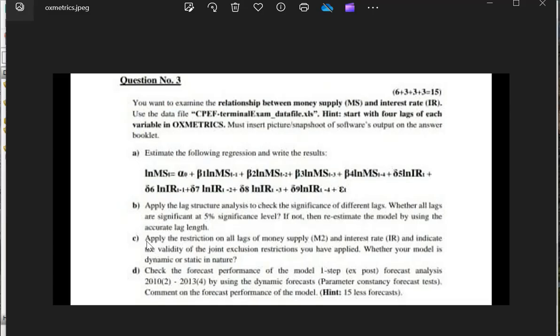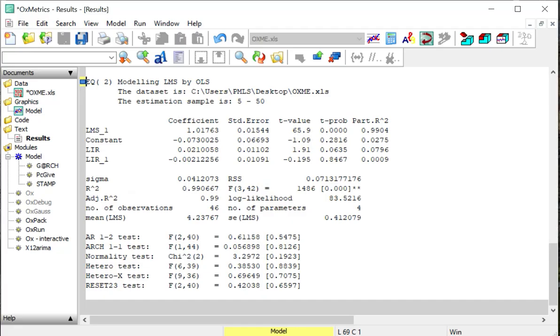Then apply the restrictions on all lags of the money supply and interest rate and indicate the validity of the joint exclusion restrictions you have applied, whether your model is dynamic or static in nature. So basically you need to apply another test, which is the joint exclusion restriction test on money supply and interest rate.